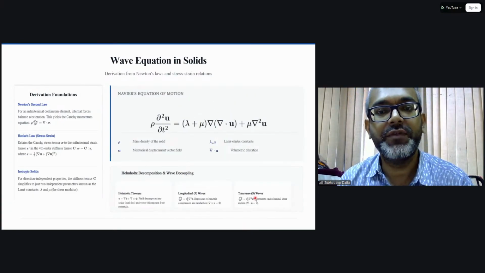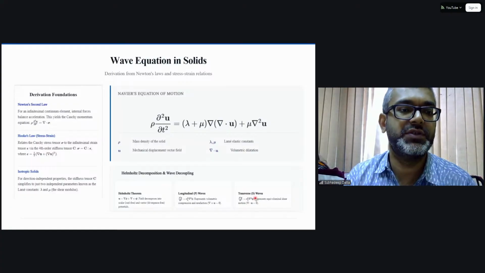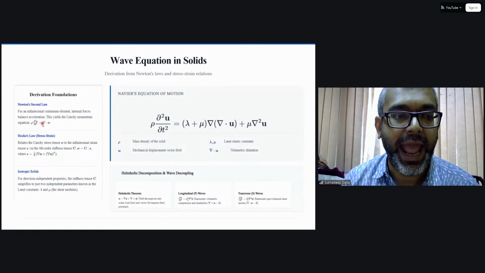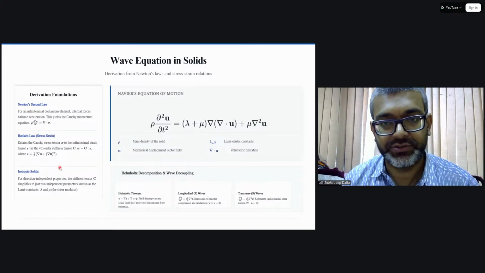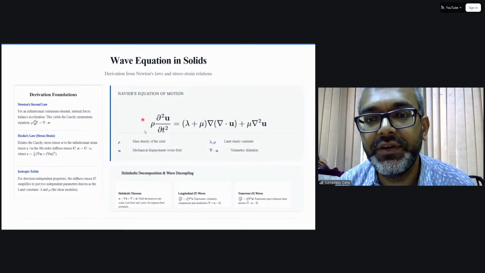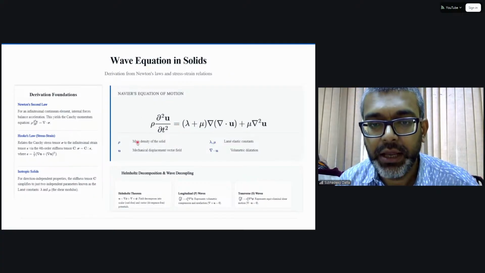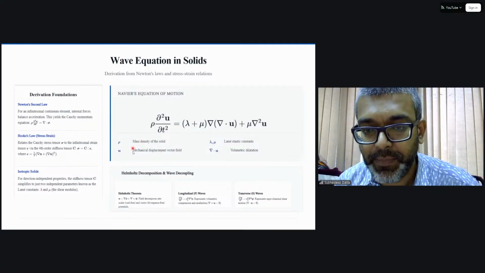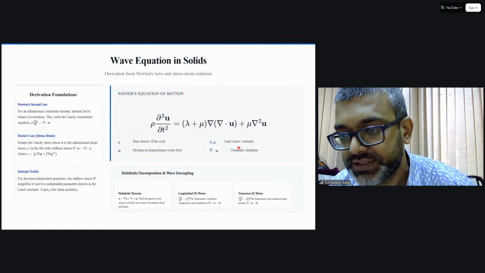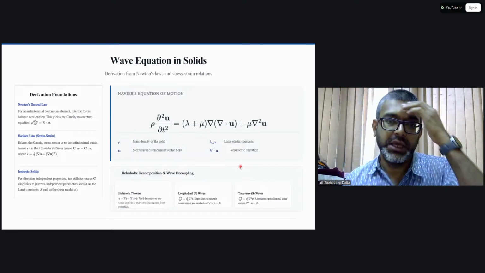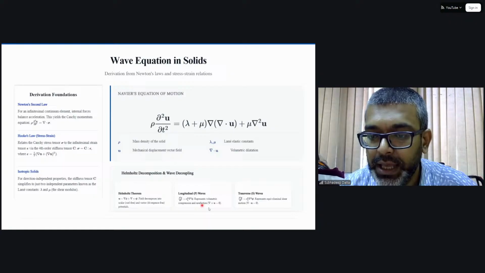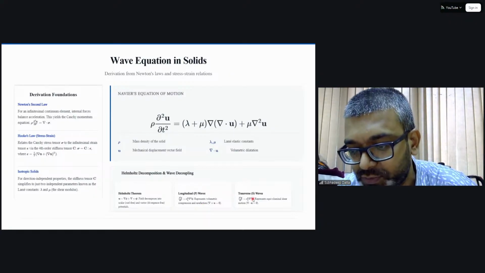And then the wave equation in solid. The wave equation in solid is actually combining Newton's second law and Hooke's law, stress and strain. Usually this is to do with Navier's equation of motion, where mass density of solids, mechanical displacement vector field, elastic constants and volumetric dilation are introduced. In this case, Helmholtz theorem and longitudinal and transverse waves come in.